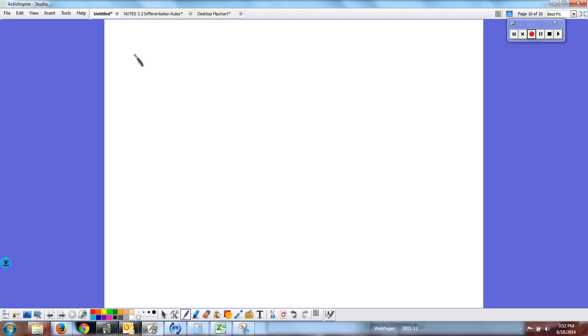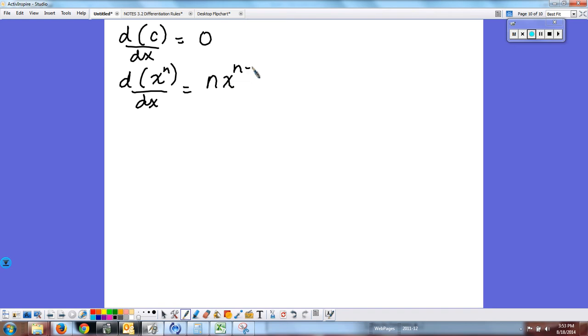So let's just recap where we are. If I want to take the derivative of a constant with respect to x, you get 0. If I want to take the derivative of x to a power with respect to x, I would multiply the front, x to the n minus 1. Okay?